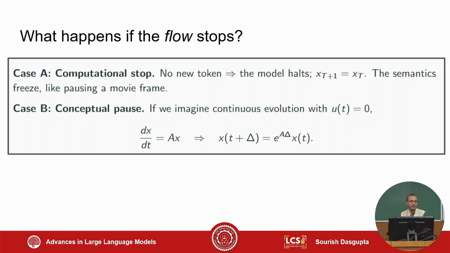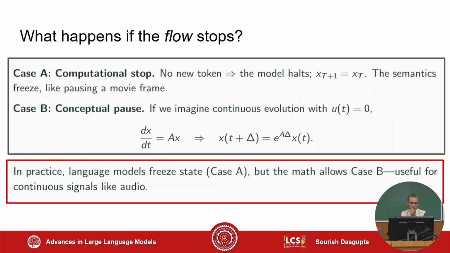The next word will be written, or I will read the next word at some point. So in practice, language models freeze state, case A, after every sequence ends, but the math allows case B. As I said, it's useful for continuous signals like audio.